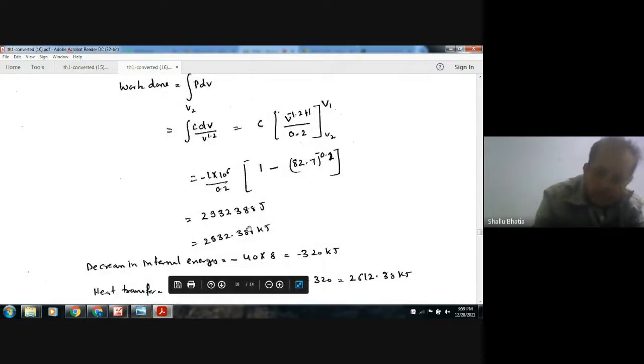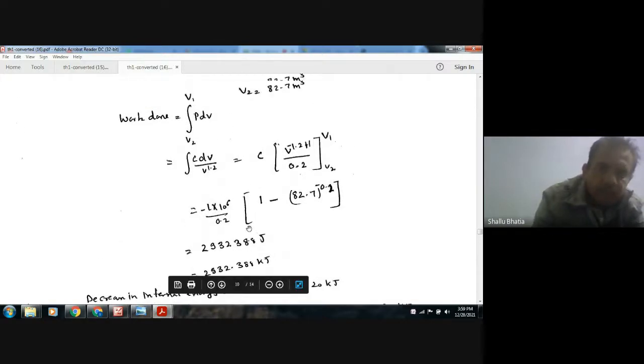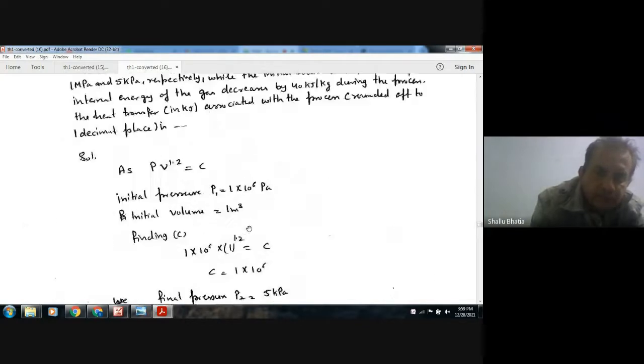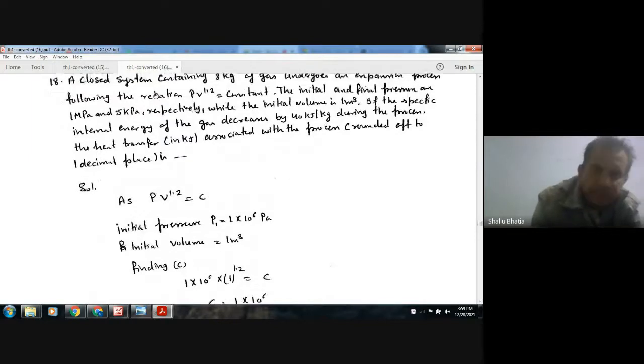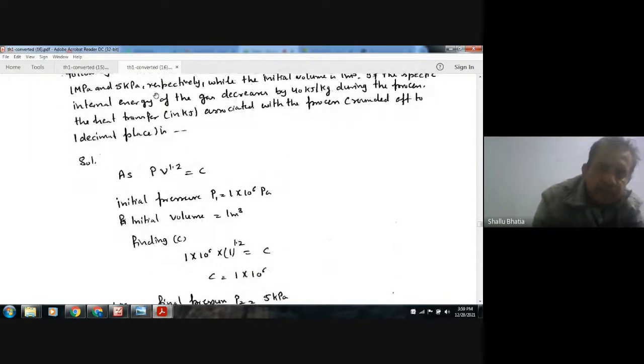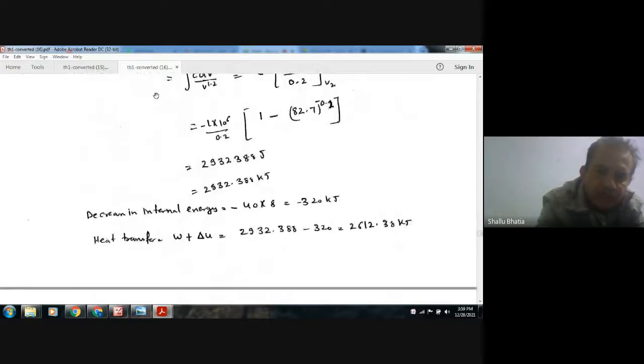And the internal energy. The internal energy of the gas is decreased by 40 kilojoules per kilogram and the total mass is 8 kg. The total decrease in internal energy is 40 into 8, minus 220.